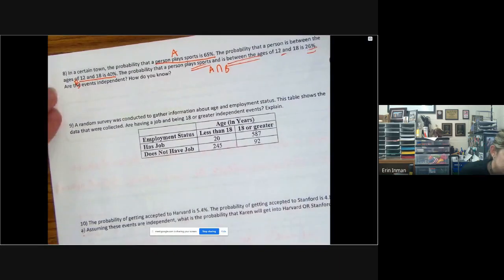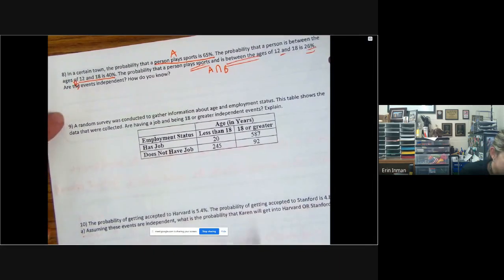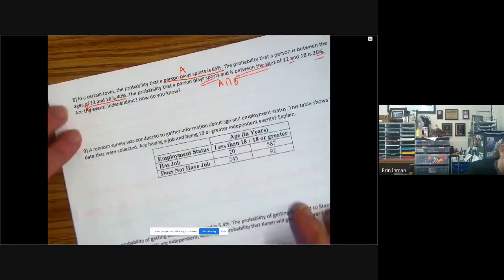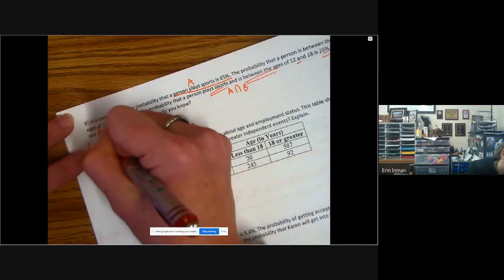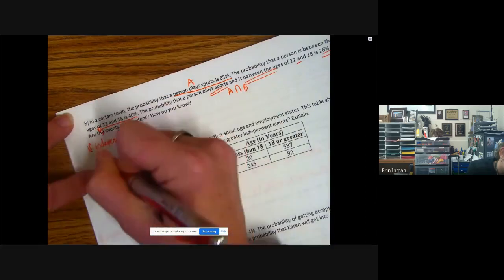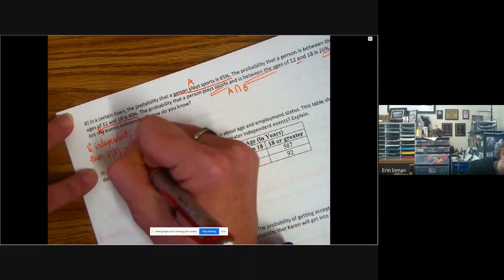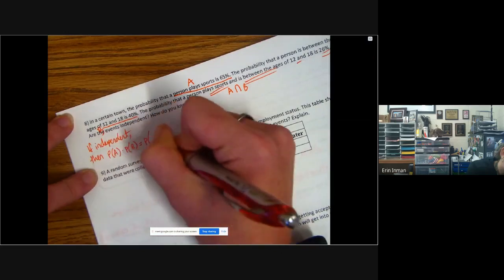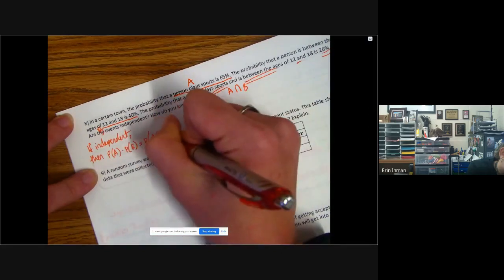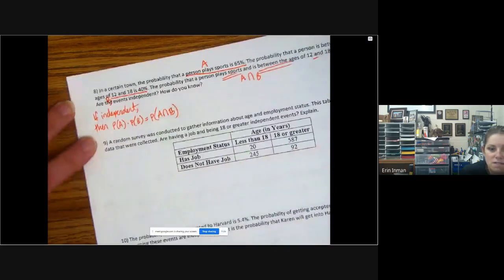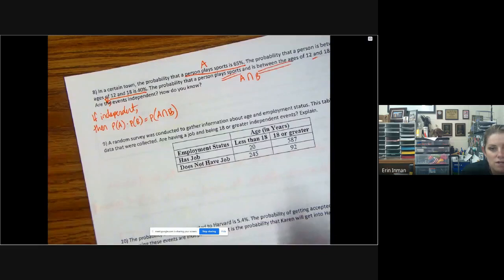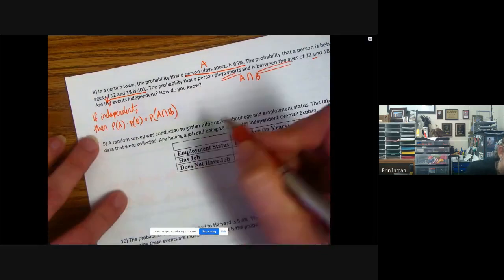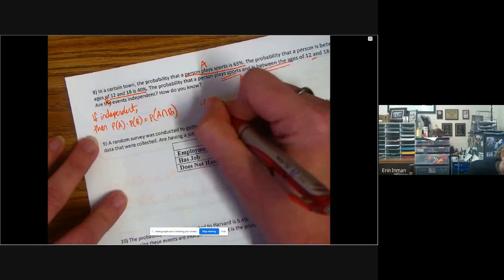So remember, if it is independent, then the probability of A times the probability of B would equal the probability of A and B. And this is statistically speaking. So again, I'd encourage you in a percent situation, let's change this into a decimal. So the probability of A is 0.65.